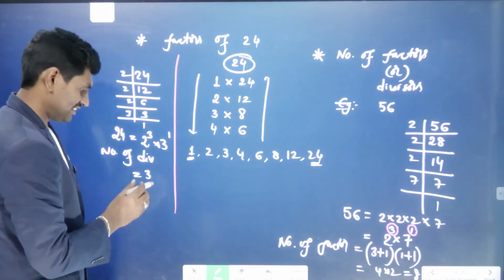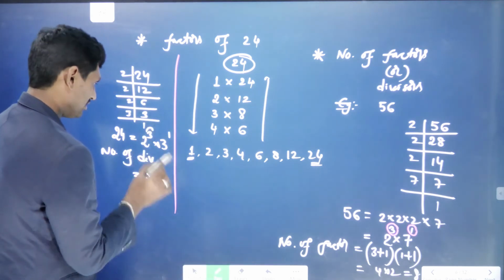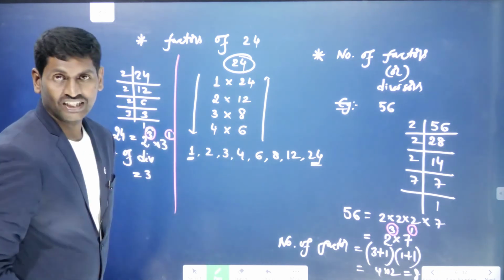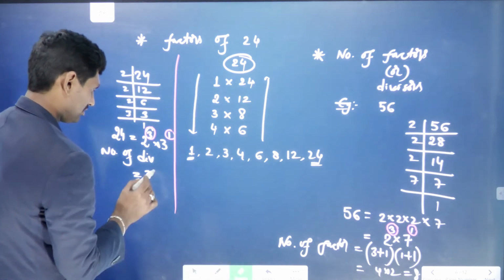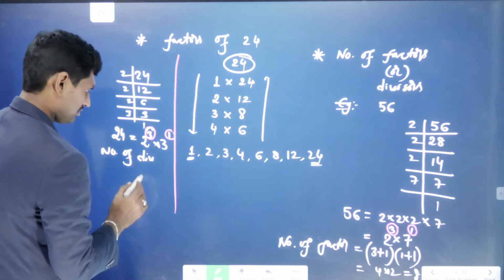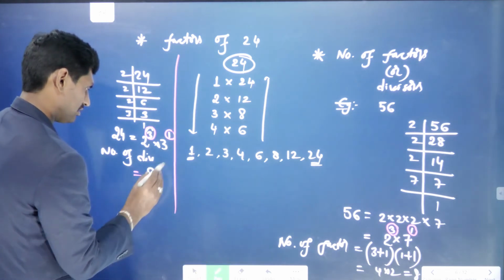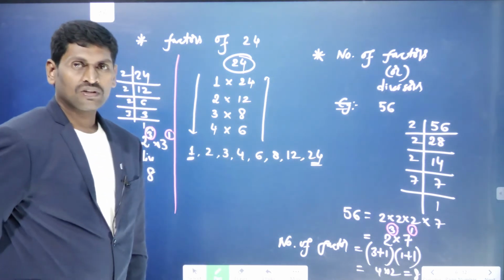First exponent is 3 and second exponent is 1. Here the same 3 and 1 came. So obviously we will get 8 factors.